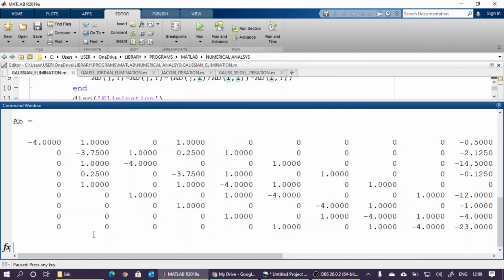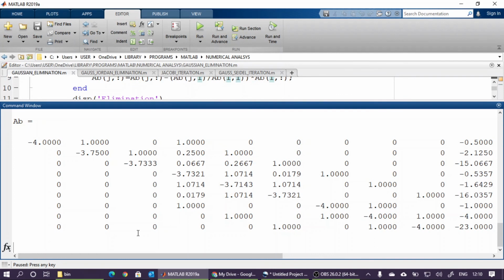This is the augmented matrix after the second elimination. Now in the third elimination, we have to remove x3 from the fourth row onwards. This is the augmented matrix after the third elimination.